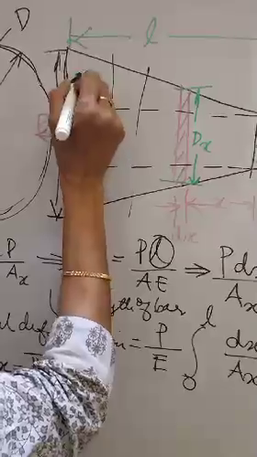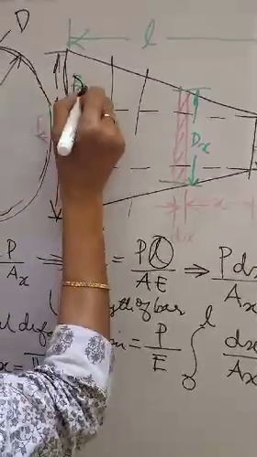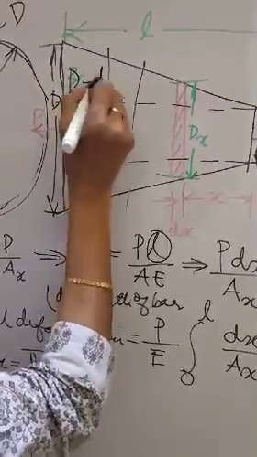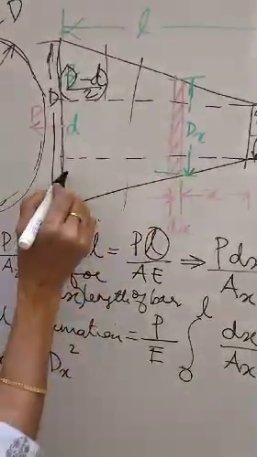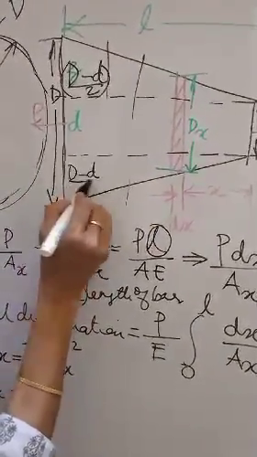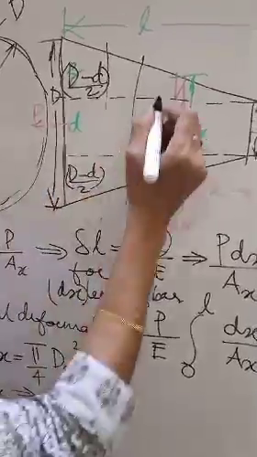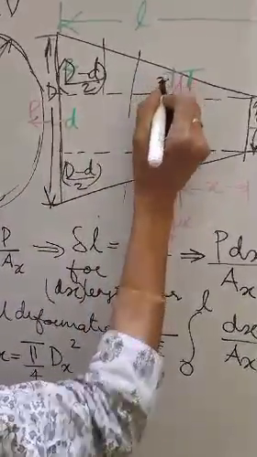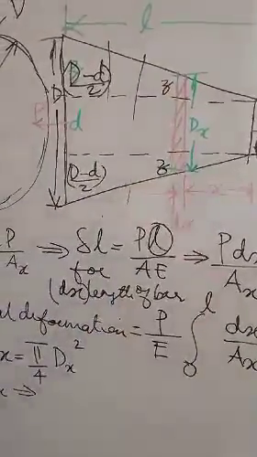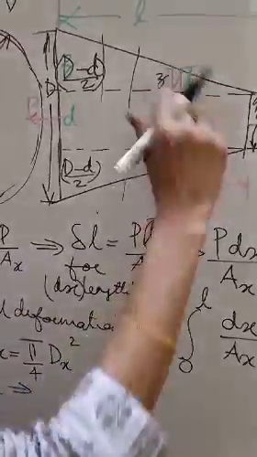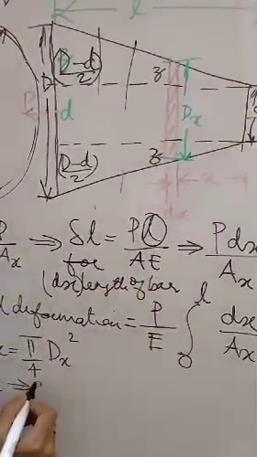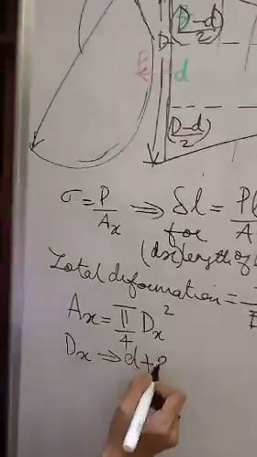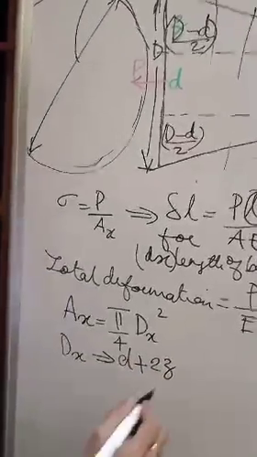This is actually capital D minus small d by 2, and this is also capital D minus small d by 2. This distance I am taking as Z, so dx is equal to d plus Z plus Z, so dx is equal to d plus 2Z.